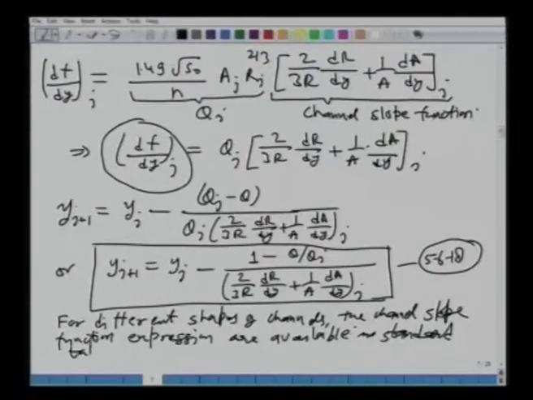And this is given in Chow's book in this chapter 5.